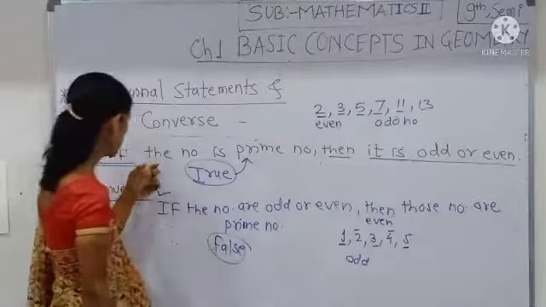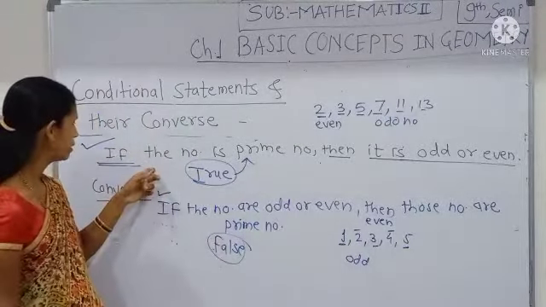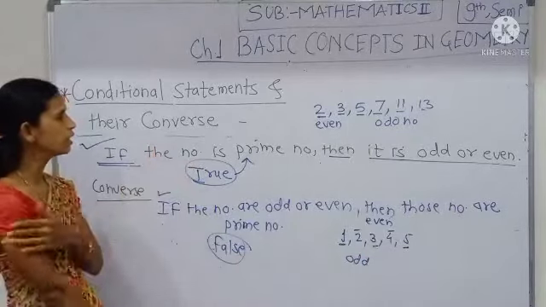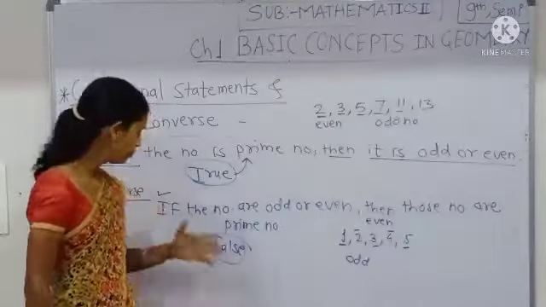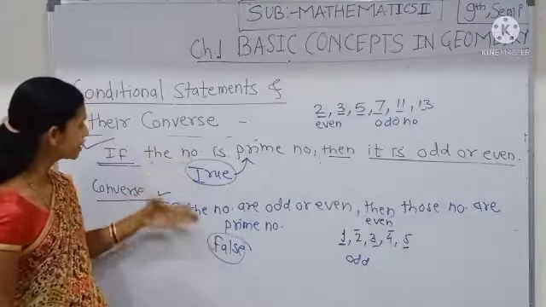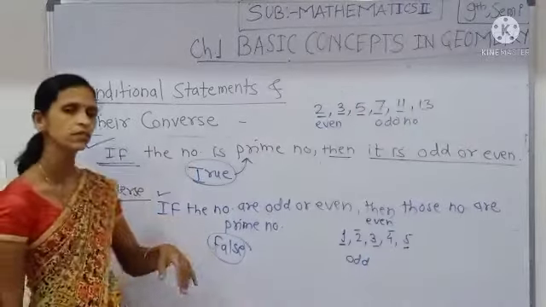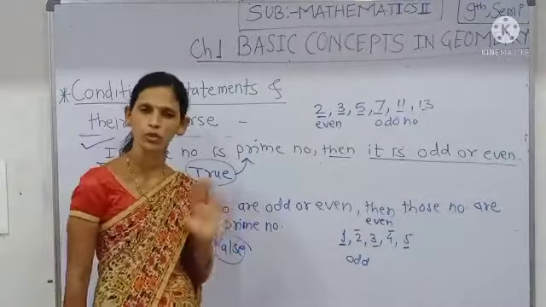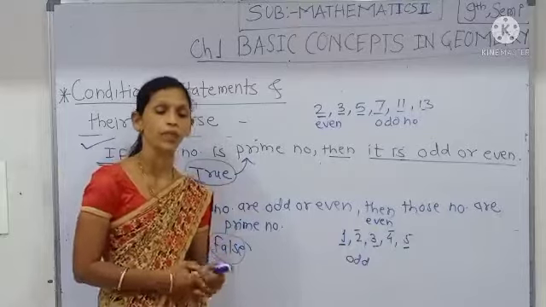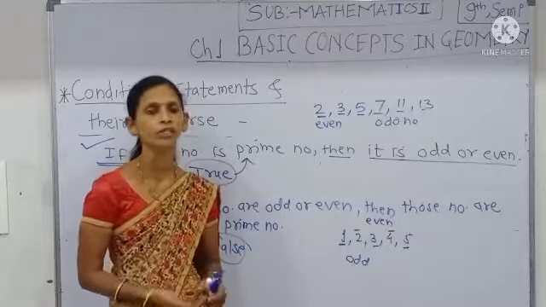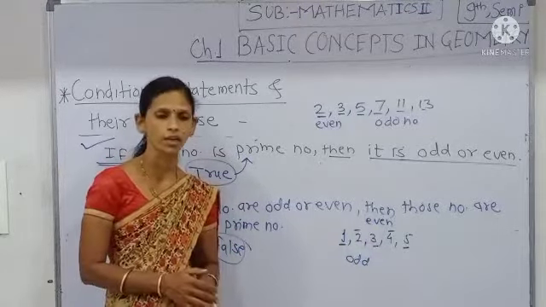That means in this example, the given conditional statement is true, but the converse of that conditional statement is false, or not true. That is about a few conditional statements and their converses.